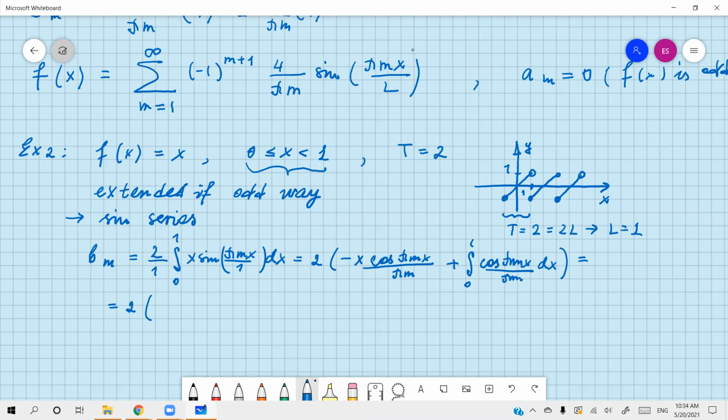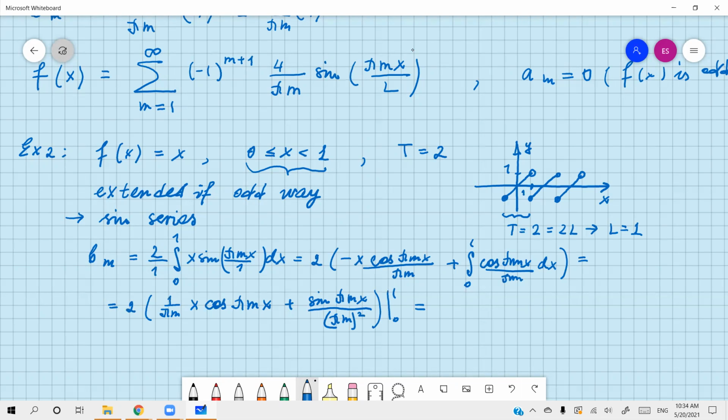Well, almost everything is the same in this integral as in the integral before, just different limits. And over here, we are going to have sine of pi mx divided over pi m squared, right? Substitution of 0 and 1.